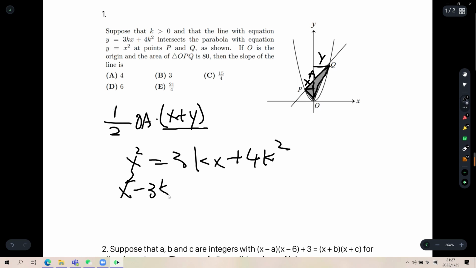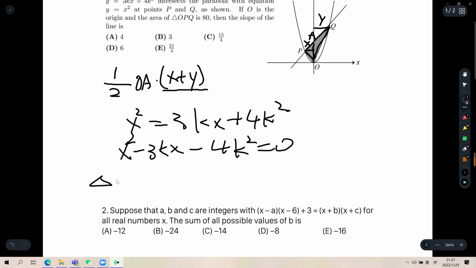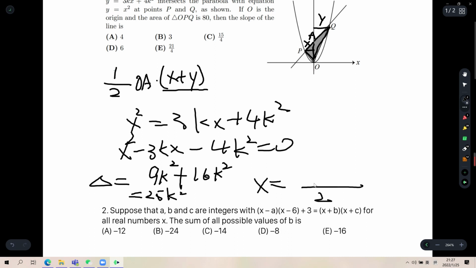So just simply try to solve it. So we can use delta equals 9k squared plus 16k squared, which is 25k squared. So the two solutions are x equals (3k plus minus 5k) over 2.